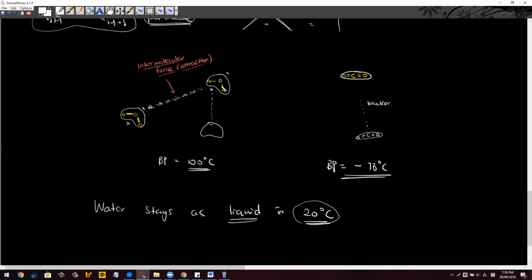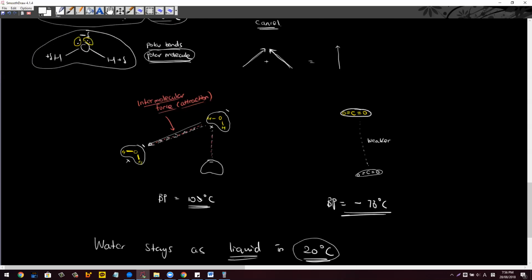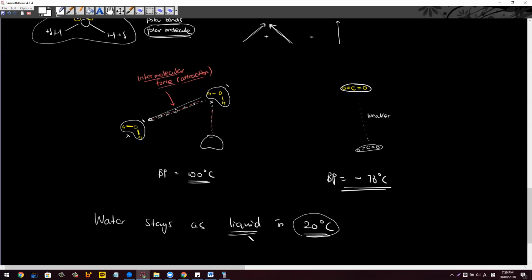They strongly attract each other. That's why water stays as water. If it wasn't for this particular property of water, then water wouldn't stay as liquid. It would stay as gas at 20 degrees Celsius. Does it all make sense to you?